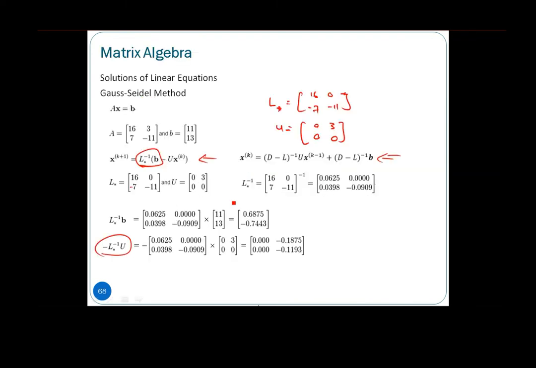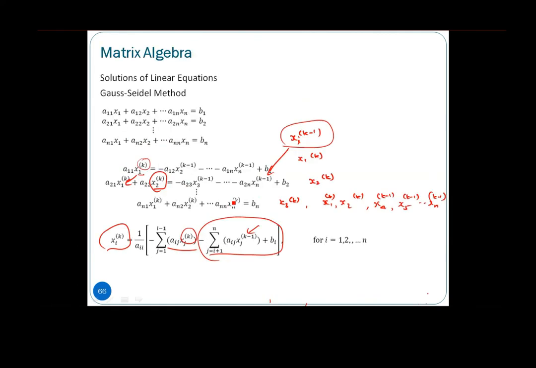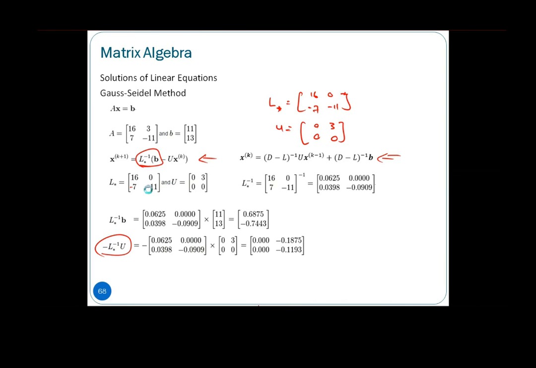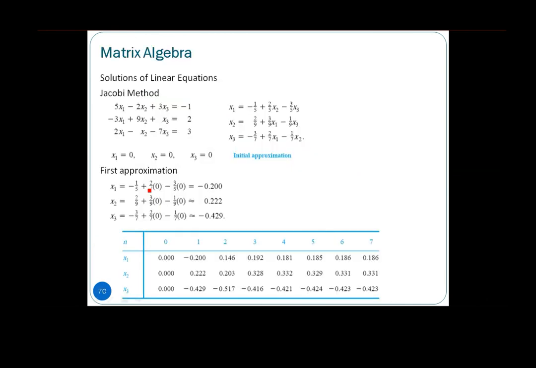The way the matrix is decomposed has already considered this part. The x that has been calculated will be updated using the updated value at the current iteration, instead of the previous iteration values. So that is how you do the matrix form.